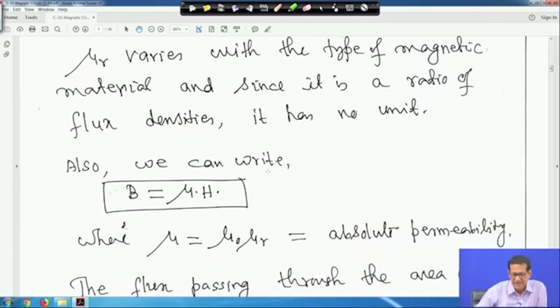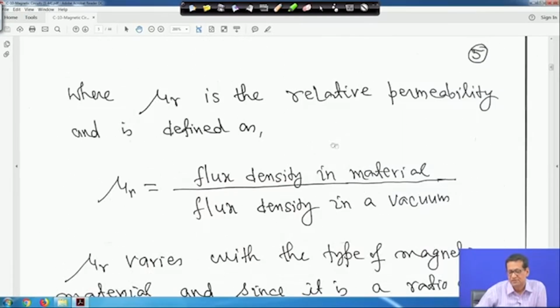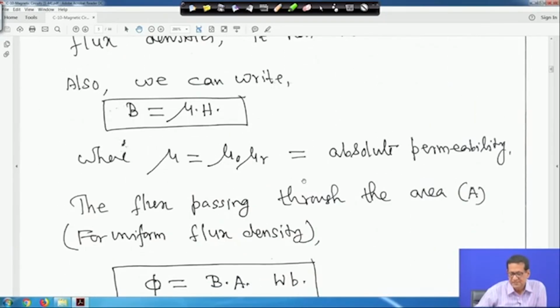Also, we can write that B is equal to mu into H, instead of mu 0, we can write mu into H in any particular material, where mu is equal to mu 0 into mu r, and it is called absolute permeability.